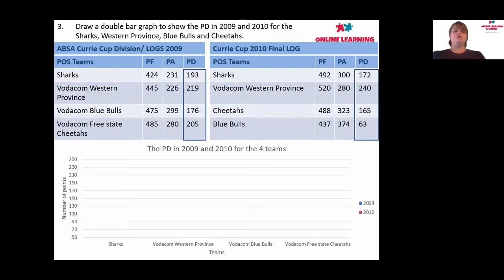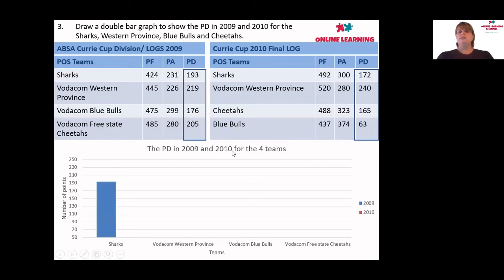So again, I'm going to draw the background of my graph. Here's my graph background. Remember, you get marks for your headings, for the headings that you made for your axes. There's my teams on the bottom. I'm going to use my key for 2009 and 2010 respectively. And there's my first one. So Sharks, for the first one is 193 in 2009.